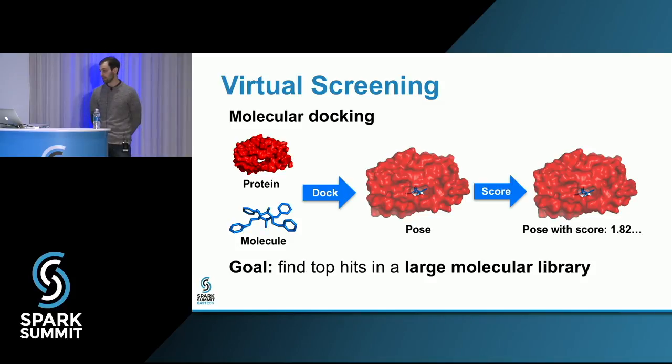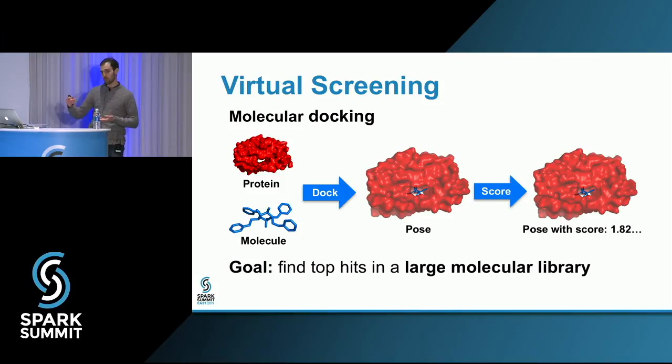It is a protein that is very important in the HIV life cycle. And this hole that you see in the middle of the protein is the active site of the protein. And if we dock a molecule inside this active site, we shut down this protein and the virus dies.